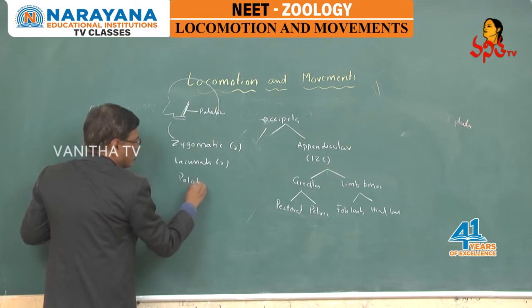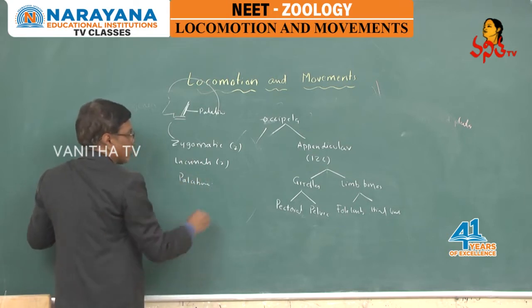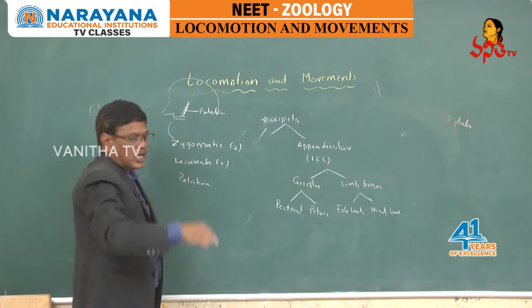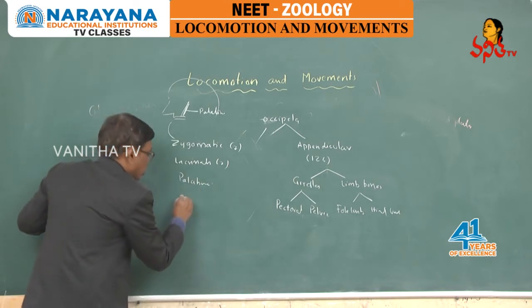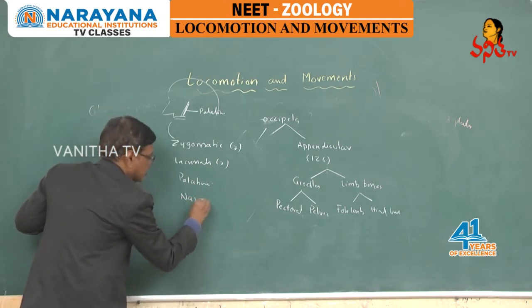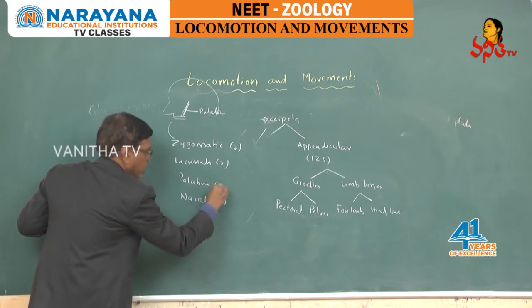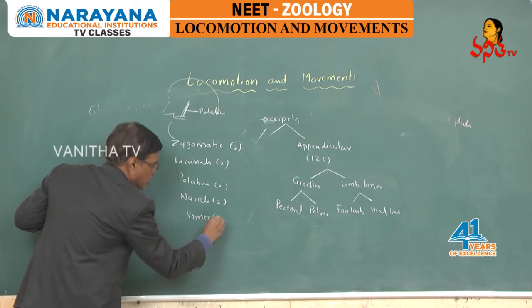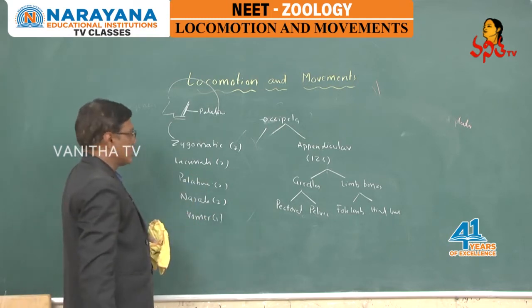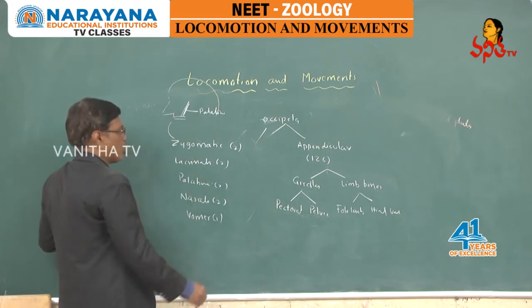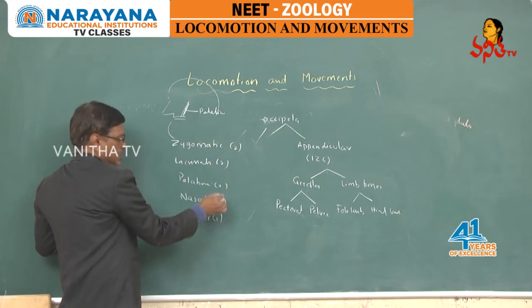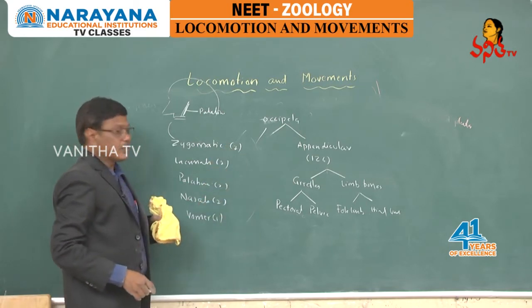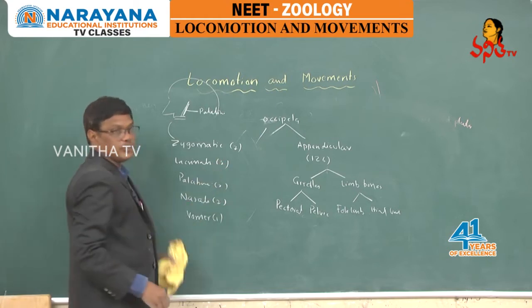They are also 2. Next, the nasal chambers have a pair of nasals, also 2. The vomer bone forms the floor of the nasal chambers.